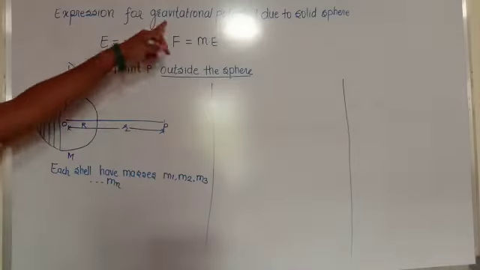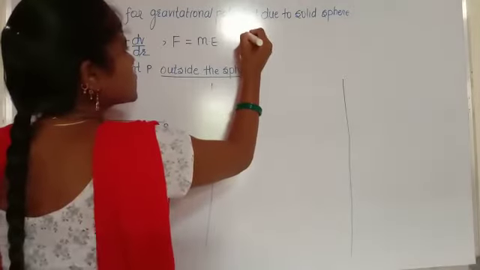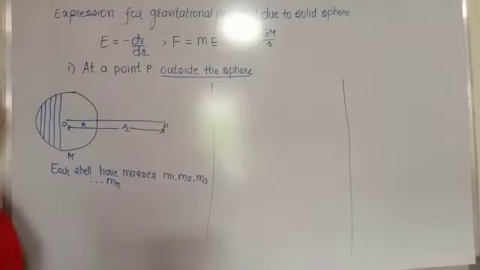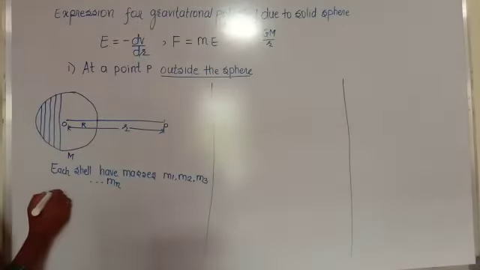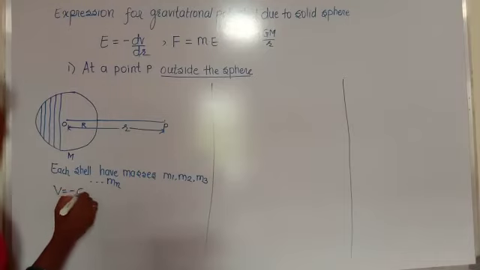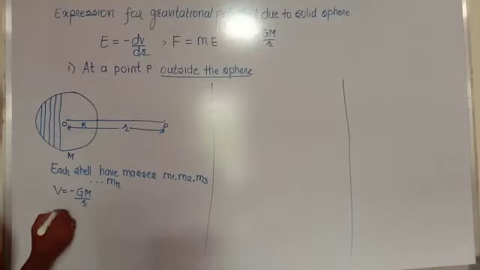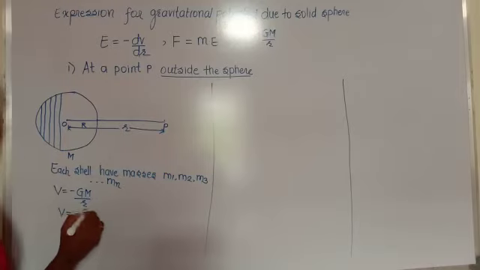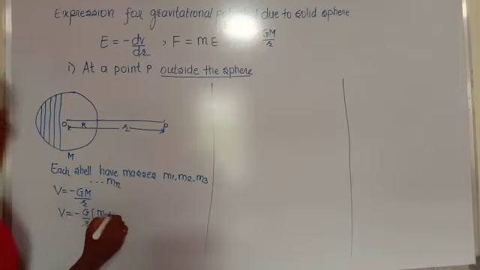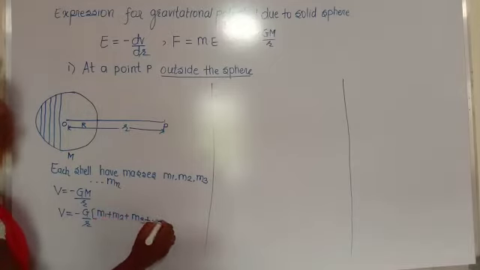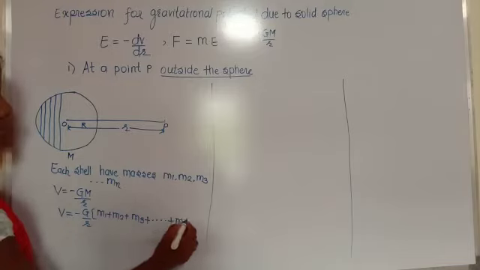So by using gravitational potential, we know that V is equal to minus GM by small r. By using this formula, but here the masses are m1, m2, m3, therefore we can write V is equal to minus G by r times (m1 plus m2 plus m3 plus dash plus mn).